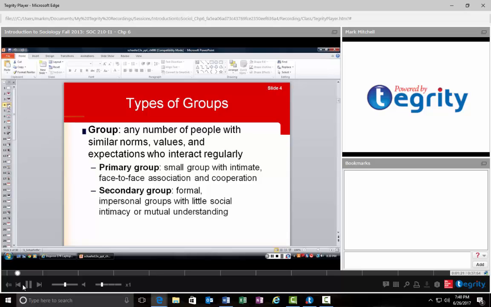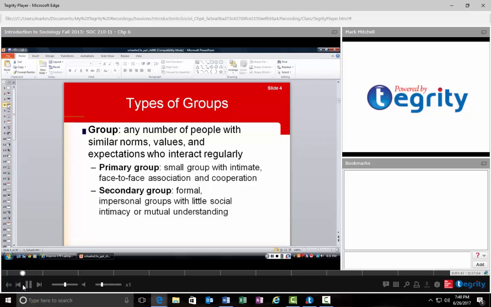Just a definition of a group: people with similar norms, values, and expectations who interact regularly. Some other things to keep in mind is that all people who are together do not constitute a group. For example, think of a college football game, where there could be up to 100,000 people in a stadium watching the game.